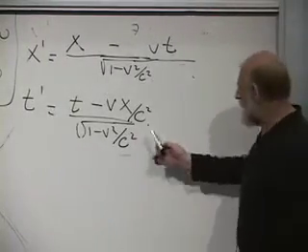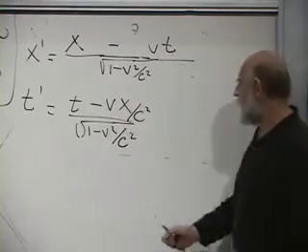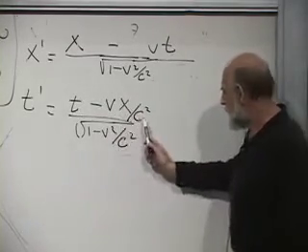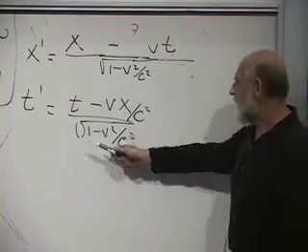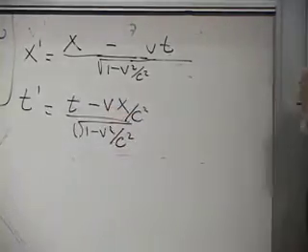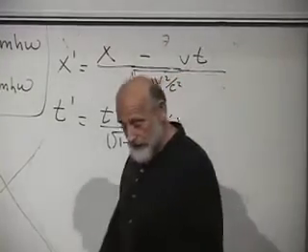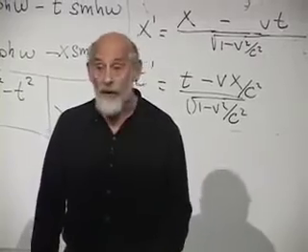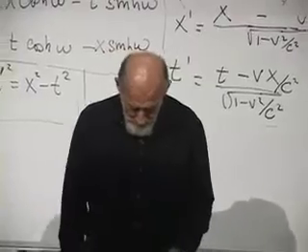Whenever you have a c squared in the denominator, that's a very, very large thing. This is negligible compared to t. Just forget this, and it's just t prime equals t. So in fact, Newton's formulas are essentially correct for slow velocities. No significant departure from Newton until the velocities get up to be some appreciable fraction of the speed of light.